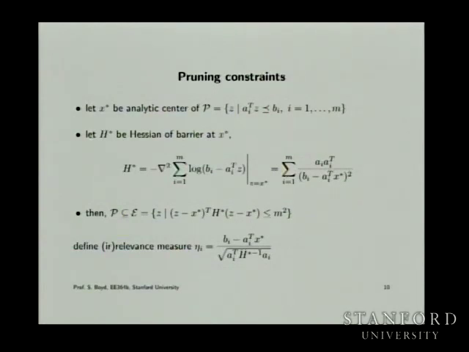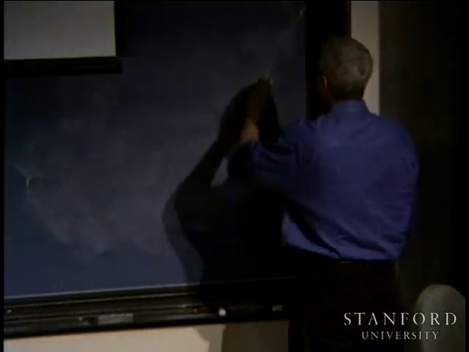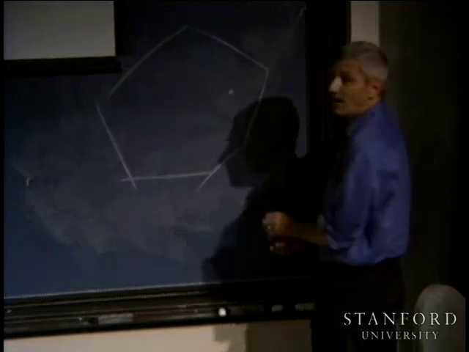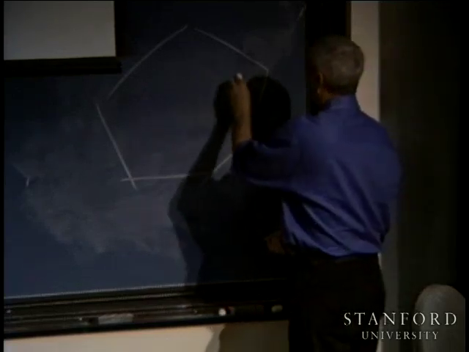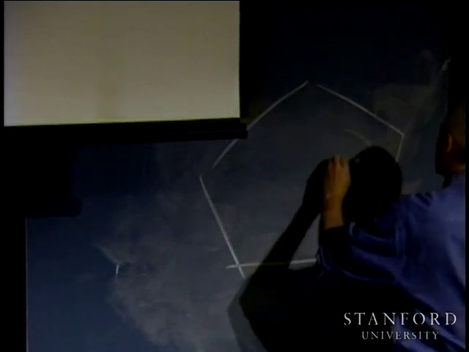Let me say something about the other one, because there are actually some very good things to know about these. These are in the book, I think, but I can't really remember. Here's a polyhedron. Here's a point which is not the analytic center. Calculate the Hessian of the log barrier.